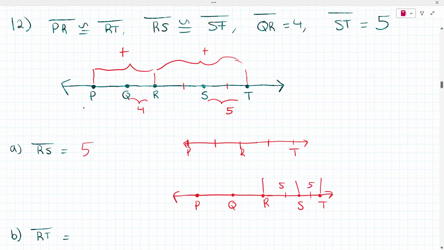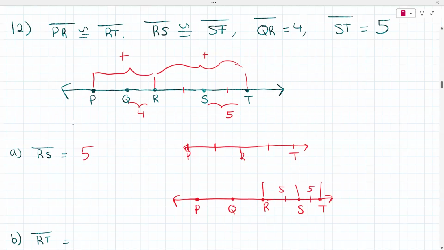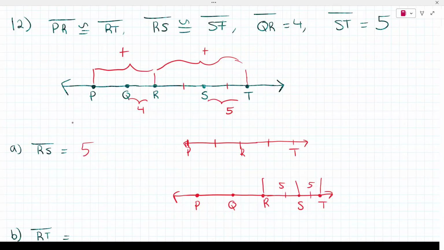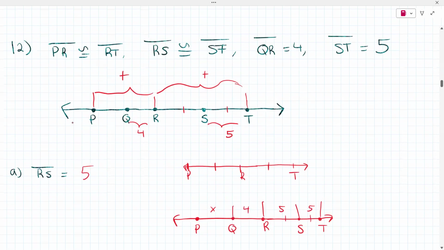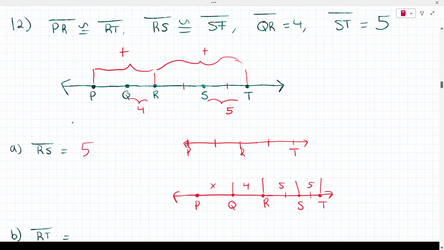And QR is 4. And then we don't know the distance of PQ, so we'll call it X. So the first one is line segment RS is 5 because line segment ST is 5.